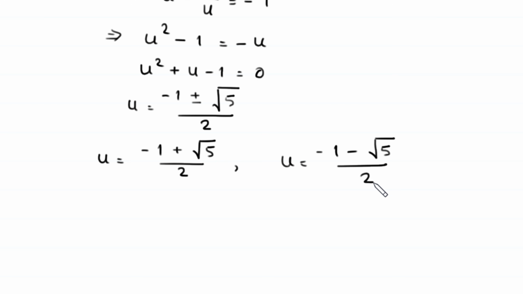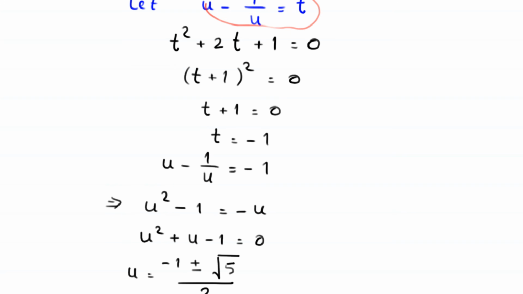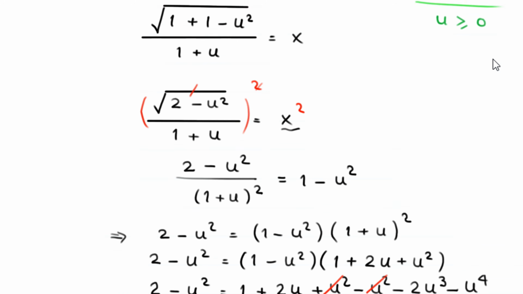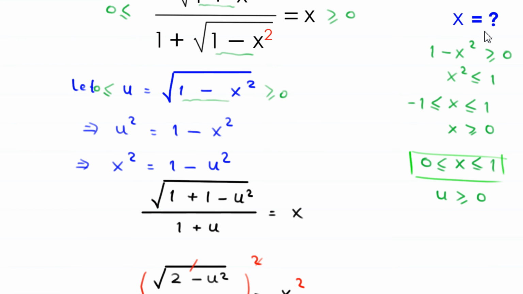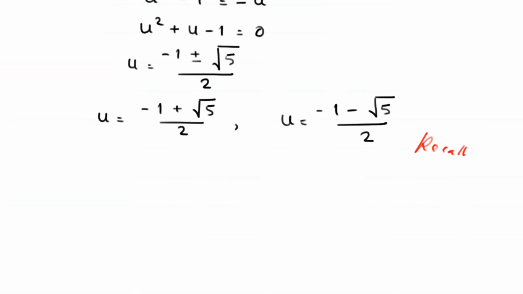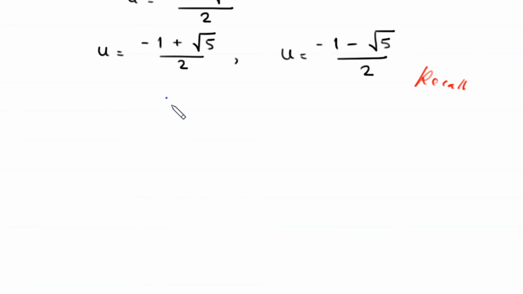Now recall that we have supposed that u is equal to the square root of 1 minus x squared.